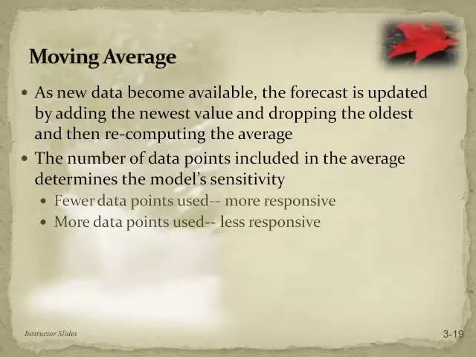So if I have a few data points to average, my moving average technique tends to be more responsive to the actual demands from my customer. The more data points that I average using the moving average technique, the less responsive it will be to demand.